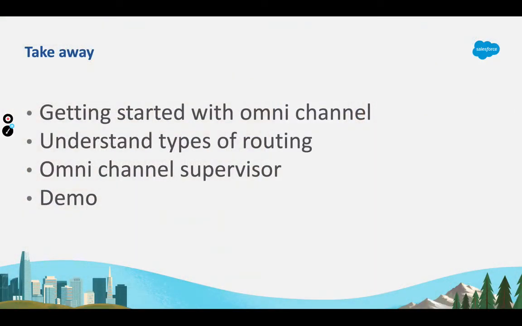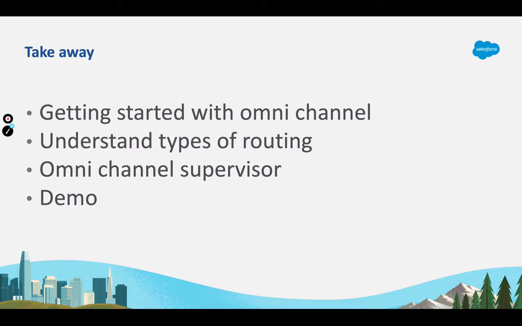So let's talk about the session. What are we going to get out of this session today? We're going to know what exactly omni-channel is and how we're going to work on it. We're also going to learn about the types of routing we have in omni-channel.